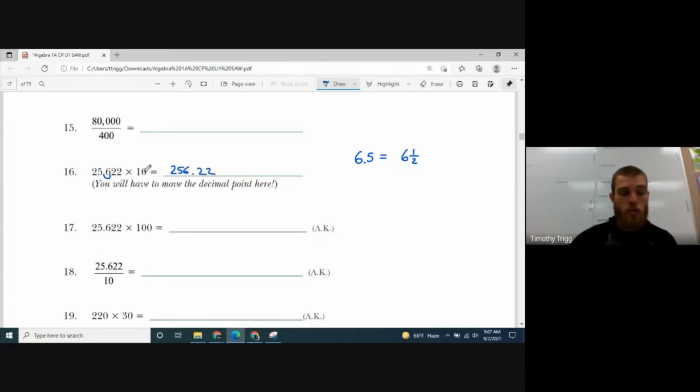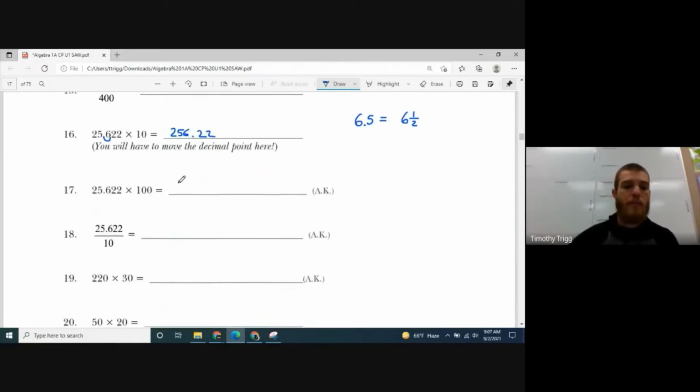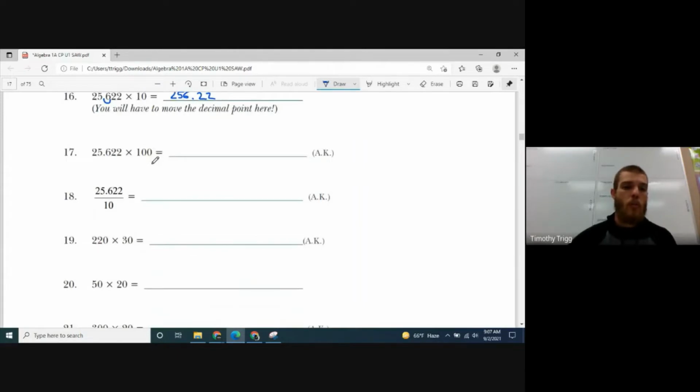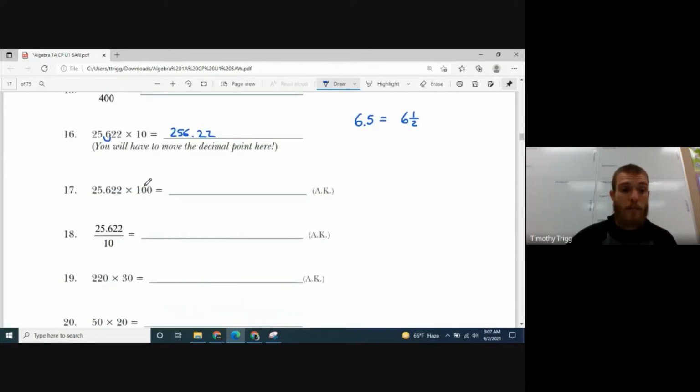Okay, so times 10, we move the decimal to the right once. What about times 100? Well, how many places do you suppose we move the decimal? In this case, we're going to move the decimal twice. Basically, you move it one more spot for every 0 there is. So times 100, we're going to move it over 2 spots. So this is going to become 2562.2. Okay.